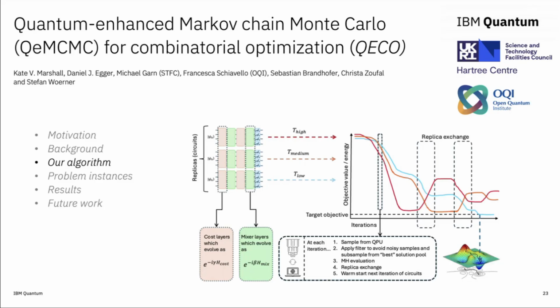So if the hotter experiment got a better one, it would likely be swapped with the colder chain, and then the hotter experiment would actually inherit that worse solution to the optimization problem at that point. So they directly swap their solutions, and then they continue, and you warm start the next iteration of circuits based on whatever was accepted from that previous chain. So it's almost like a two-step post-processing procedure that's done entirely classically before the next iteration of experiments can happen.